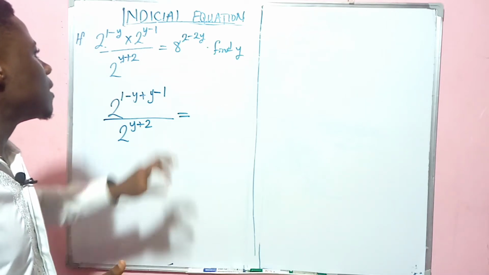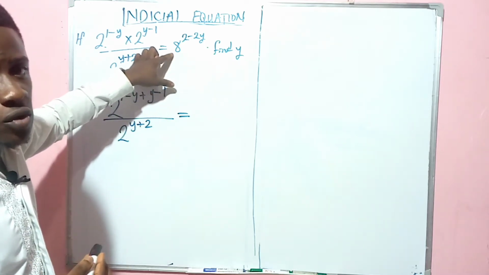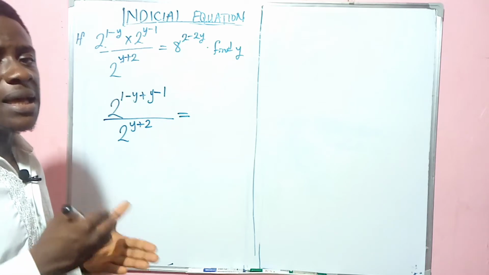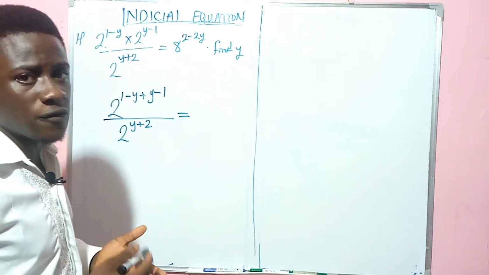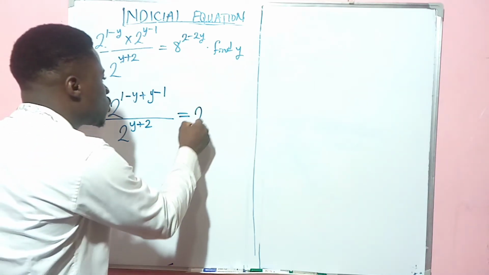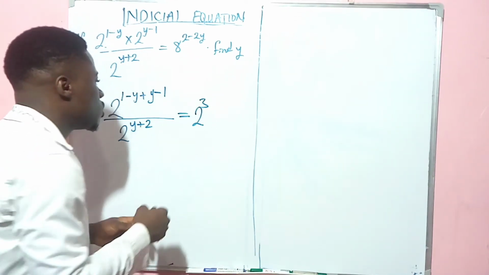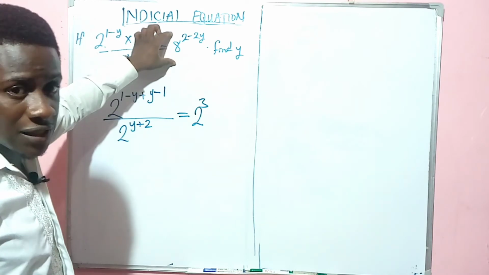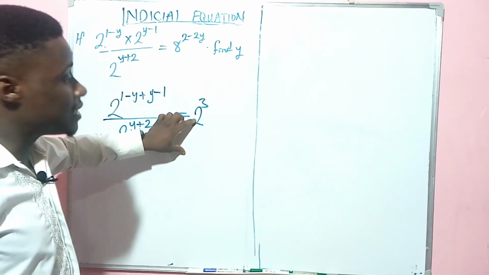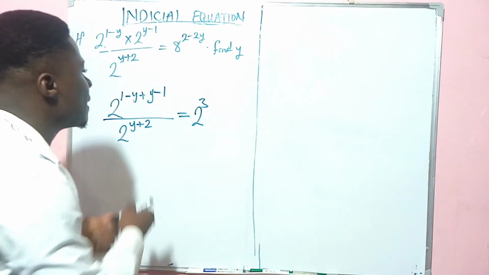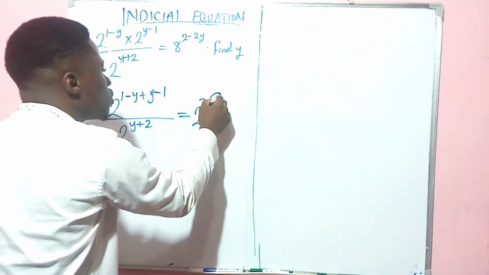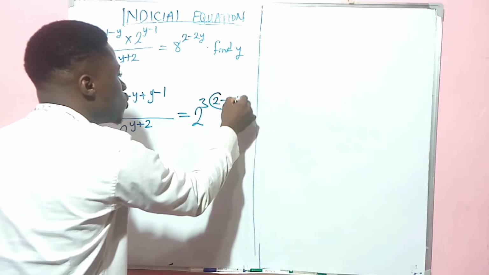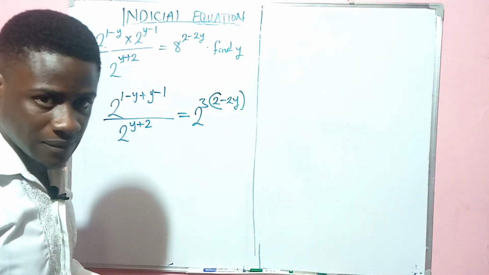Which means 8 being a multiple of 2, applying indices, I can represent 8 to be in index form of 2 as I have 2 raised to power 3. Which is automatically the value of 8. It's in the base of 2, since it's the multiple of 2. Then in bracket the initial power, which is 2 minus 2y. Then I'm having this. Okay.